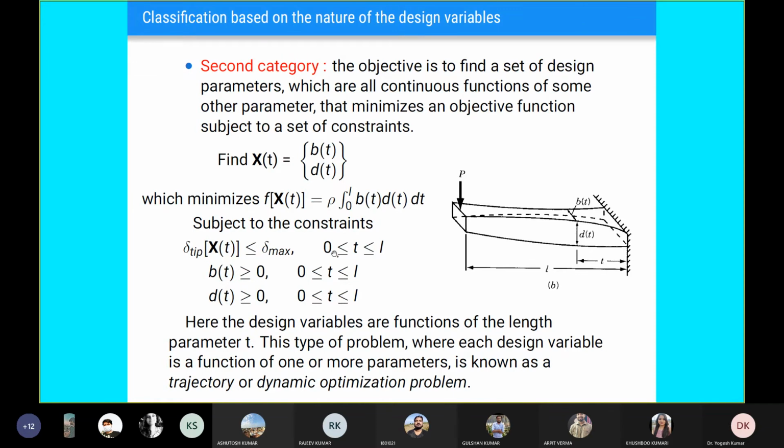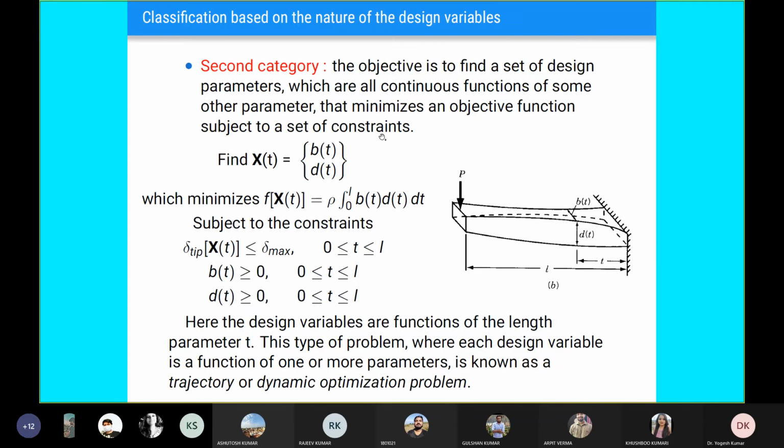So t will vary from 0 to L. Your d and b are dependent on the distance from your fixed point. So these are actually functions of t.